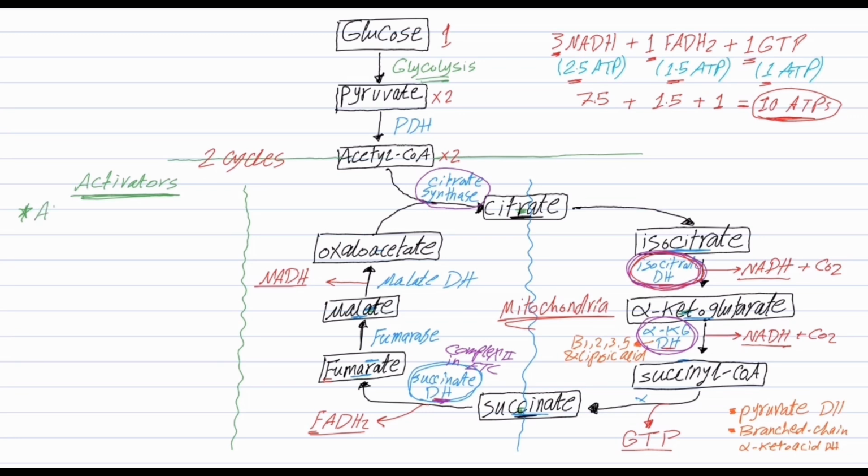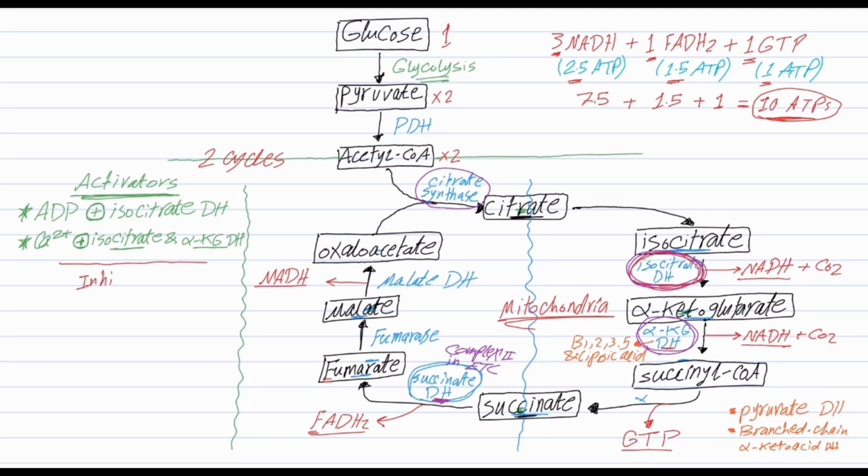So things like ADP would stimulate isocitrate dehydrogenase, the boss, remember? By another mechanism, we have calcium, and that calcium stimulates both isocitrate and alpha-ketoglutarate dehydrogenase.